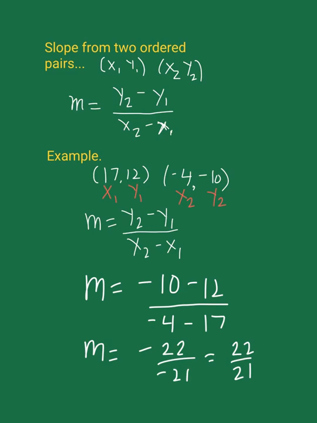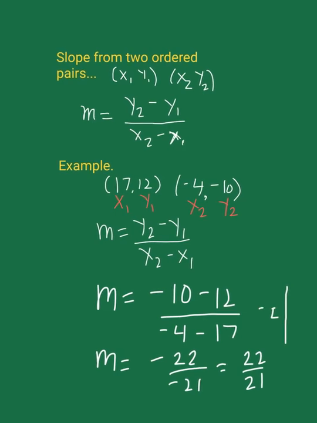Okay, so this is the slope right here, 22 over 21. What does that mean? That means to get from one point to another on this graph, I'm going to go up 22 and I'm going to go over 21.